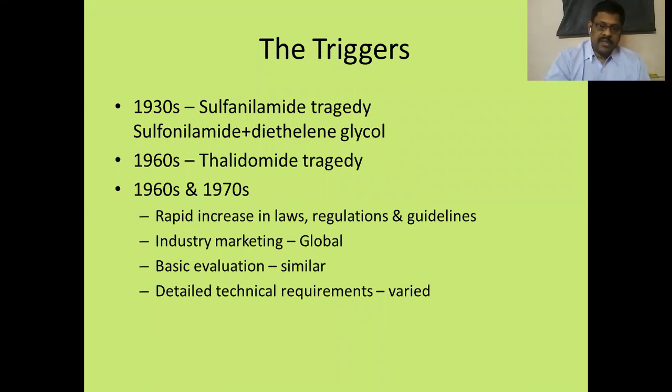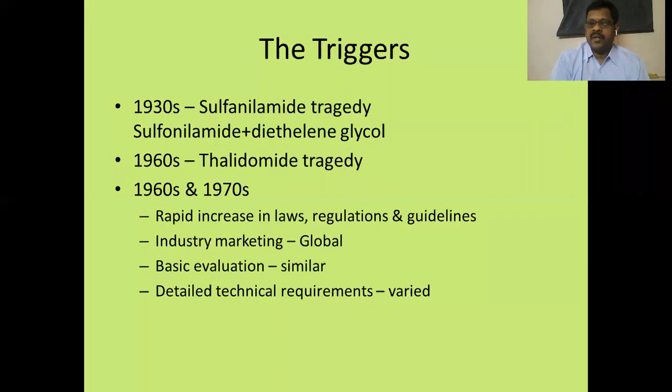Then the thalidomide tragedy: at the time of usage there were no signs, but children were born with deformities. In the 1960s and 1970s, after these incidents, there was a rapid increase in laws; they strengthened laws, regulations and guidelines. Many things came in to control regulation. The industry's marketing also started globally.